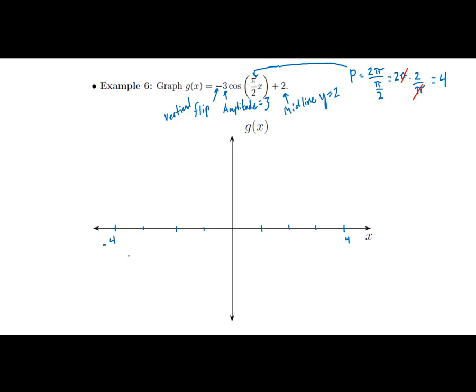This is negative 4. Now, as far as the y value tick marks, my amplitude is 3, but my midline is 2. So if I go up to my midline here, I know I'm going to need to go 3 below and 3 above that midline.